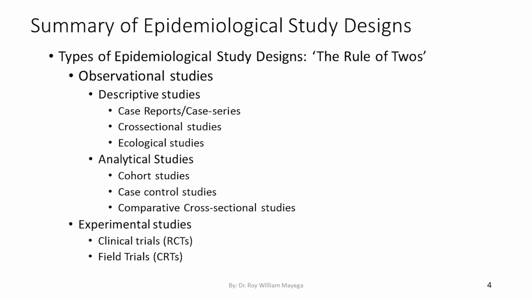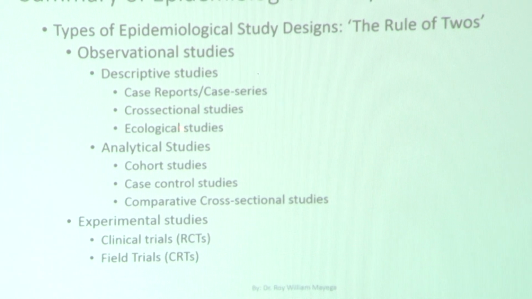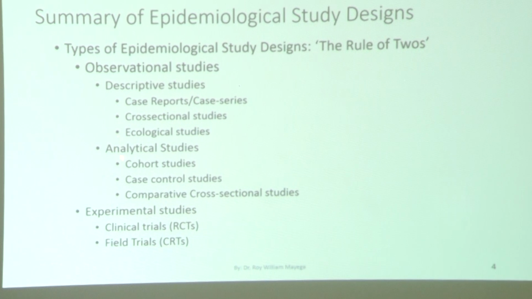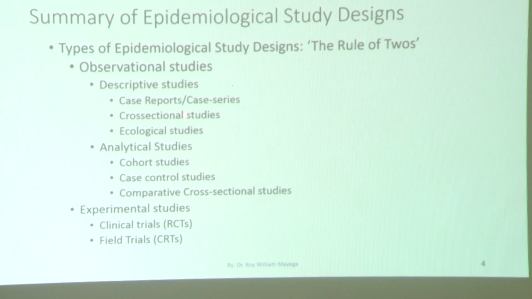Now, within the observational studies, we have what we call descriptive studies, and analytical studies. Within the descriptive studies, we have case reports and case series, cross-sectional studies, and ecological studies.